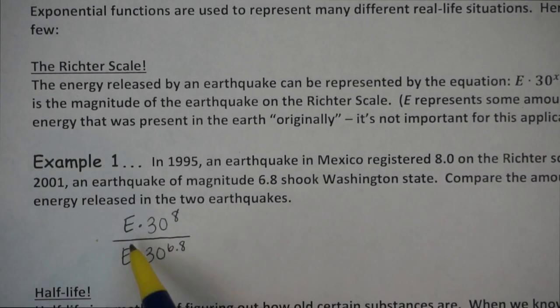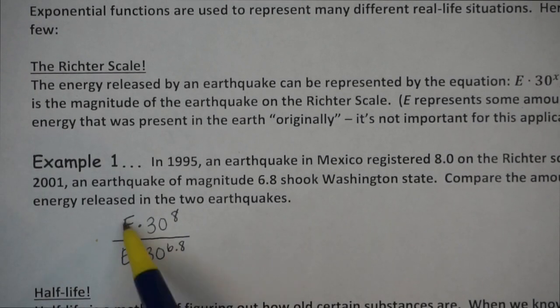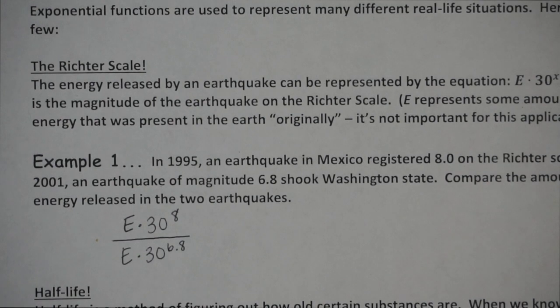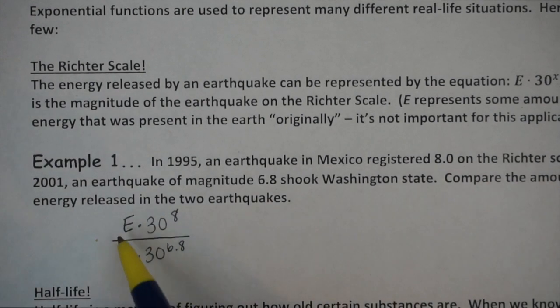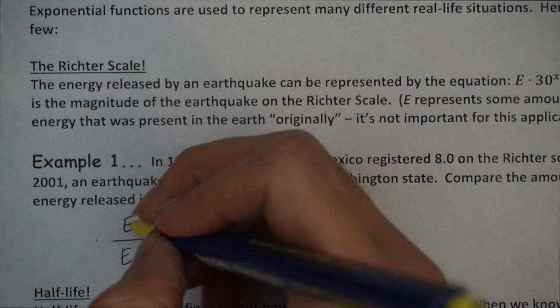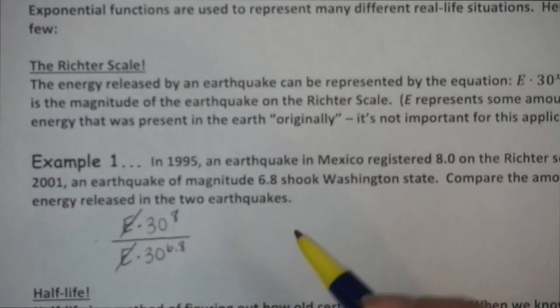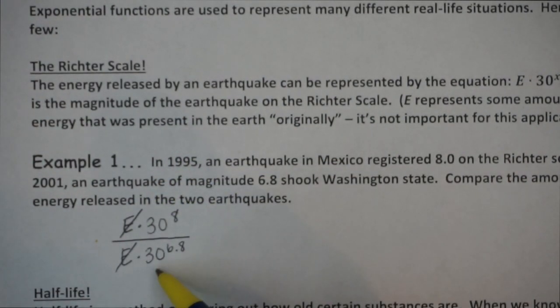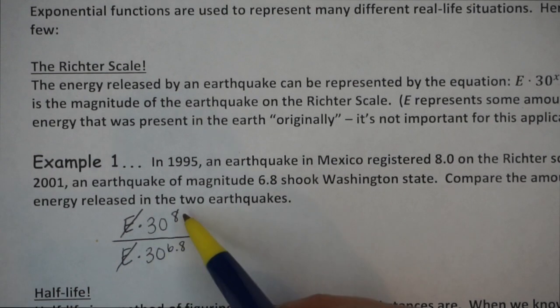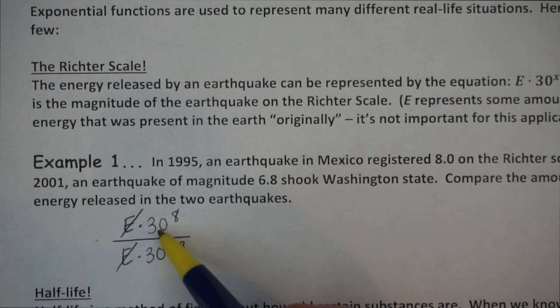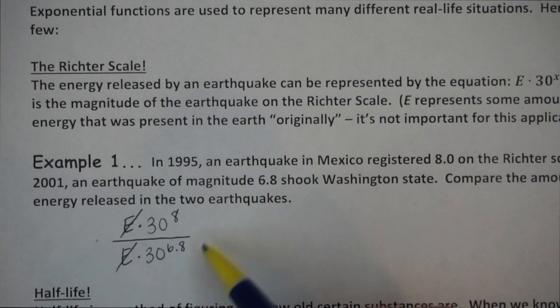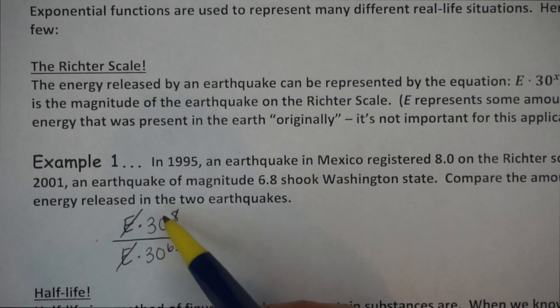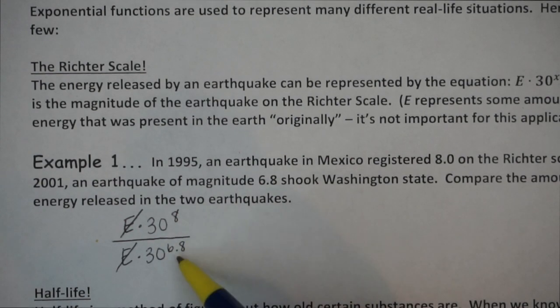Now, like I said, the E's, because it would be the same number or at least negligible, are going to cancel out since there is one on top and bottom. We cannot do that with the 30s because these have exponents attached to them, therefore making them different numbers. But what we can do is simplify this using our exponent rules since they have the same base.